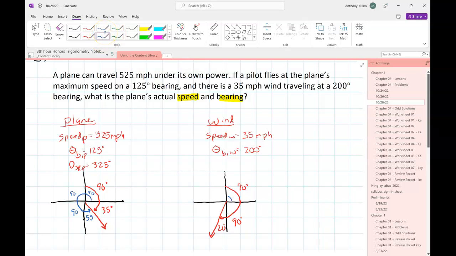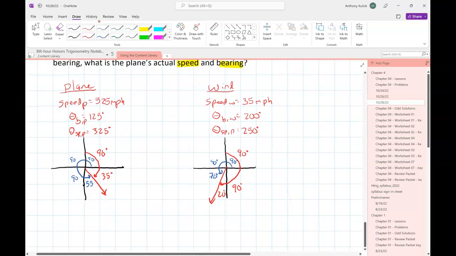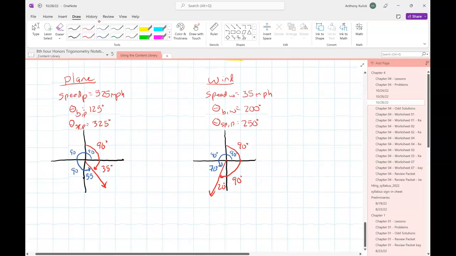So my standard position angle is 90, 90, and then 70. So what's that? 250. Everybody okay with what I did here?